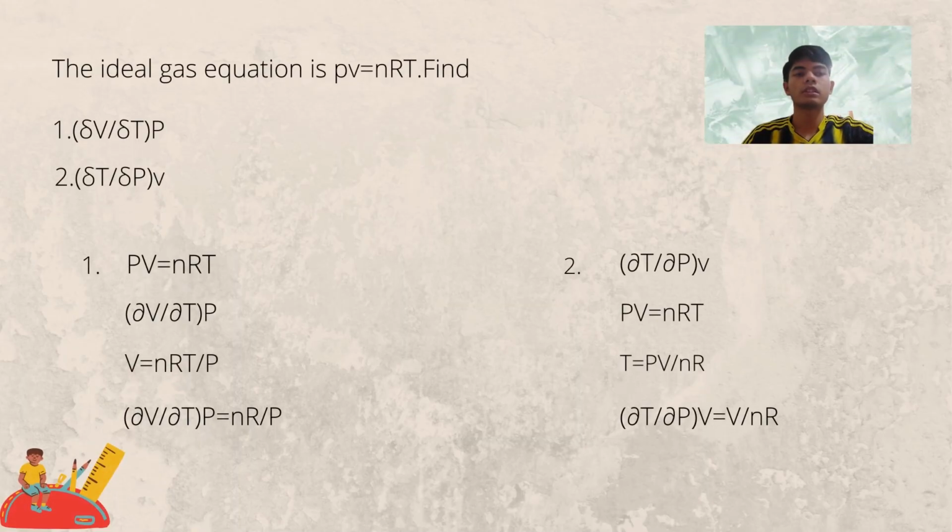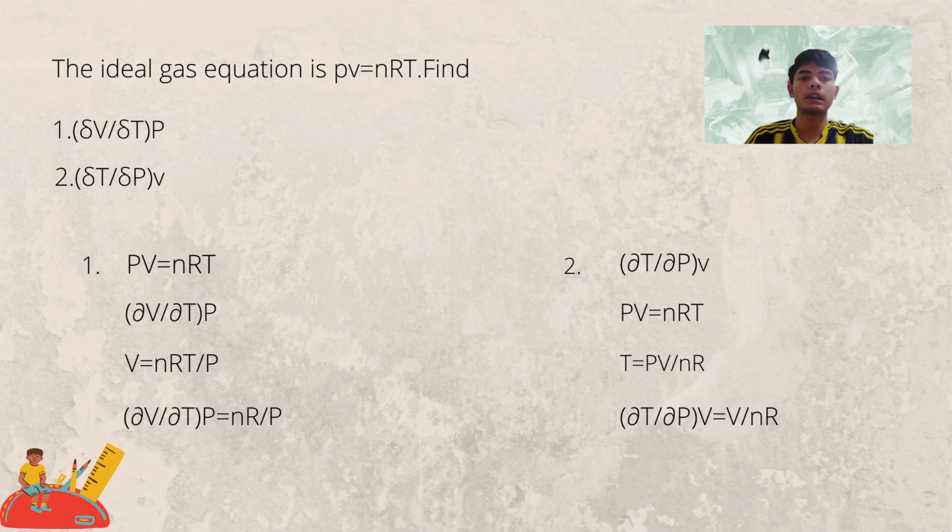The next question, the ideal gas equation is PV equal to nRT. Find dV/dT (P constant) and dT/dP (V constant). For the first question, we can find dV/dT by first making V the subject of the equation.